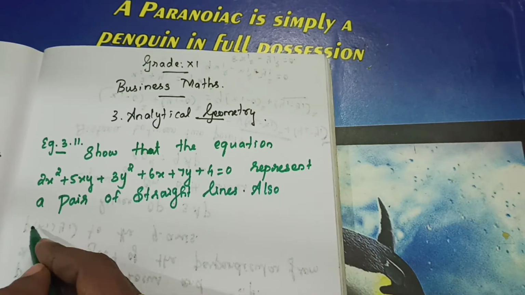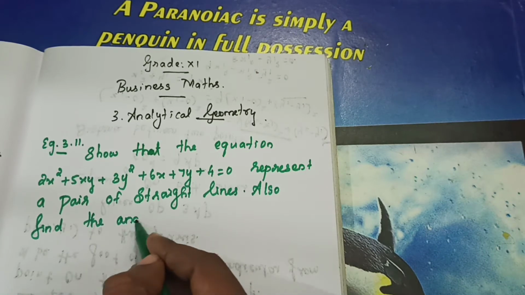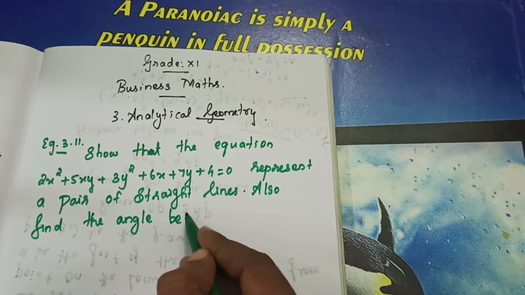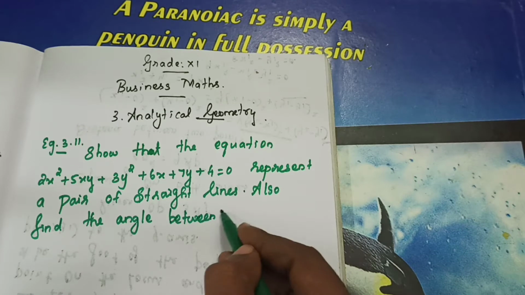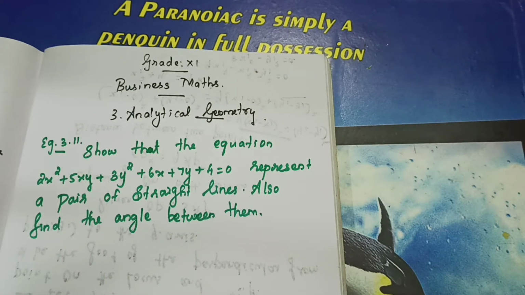Also find the angle between them. Okay, show that the equation, one equation is given, that's a combined equation, represents a pair of straight lines. You need to find the angle between them.